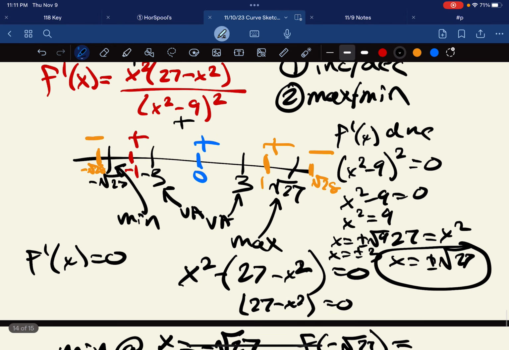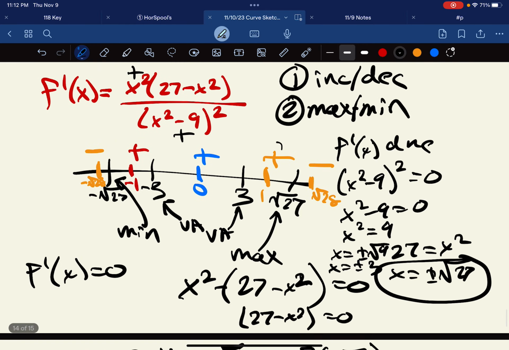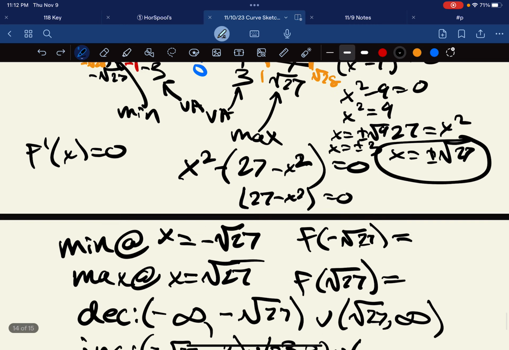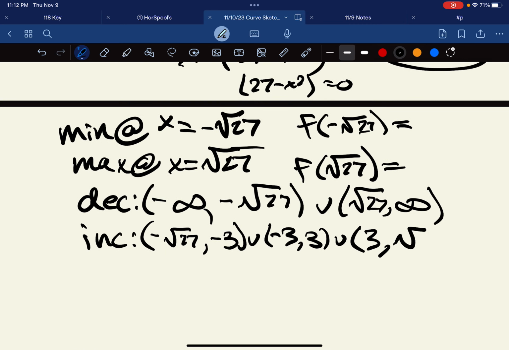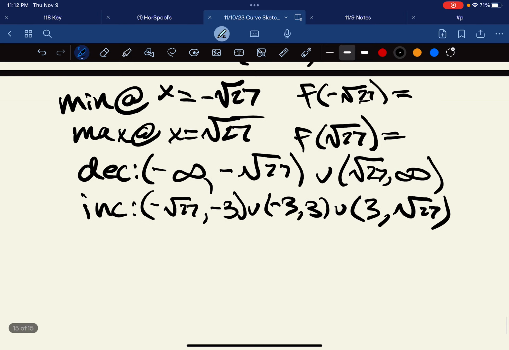And then we're increasing again from negative 3 to 3. And notice how we are excluding the vertical asymptotes here. We are not including them in our intervals. So then from 3 to square root 27. So this is going to be our intervals of increasing, decreasing, and our maxes and our mins.